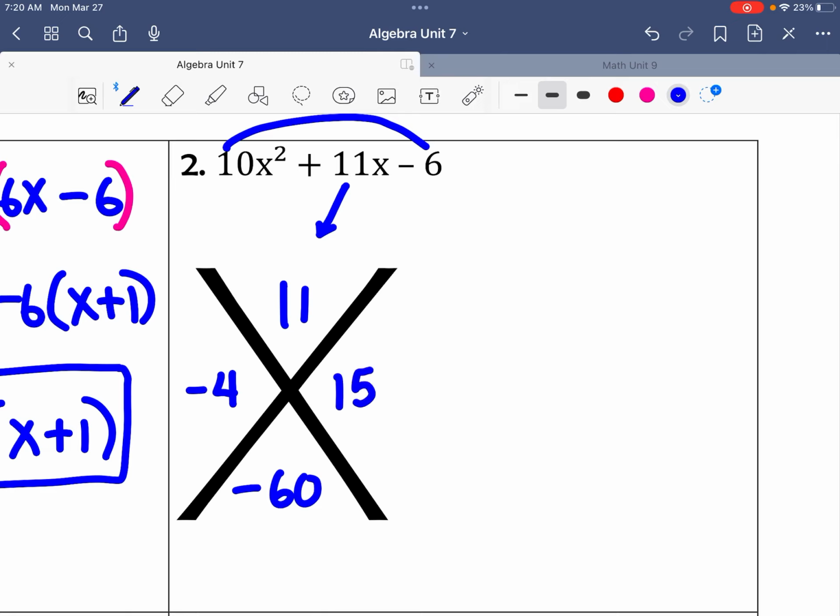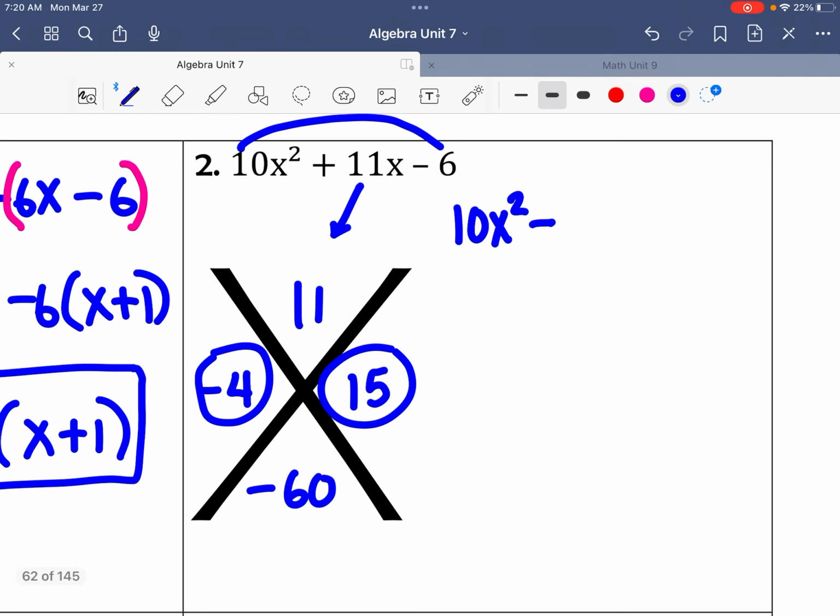And then I put those two terms in the middle of my polynomial. So it looks like this. Keep the first term, 10x squared. Add these two terms in. So I'll have negative 4x plus 15x, and then I keep the last term.